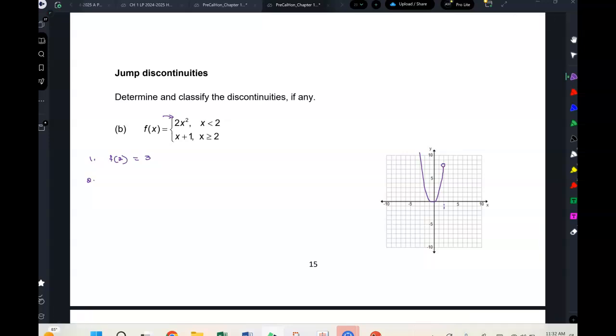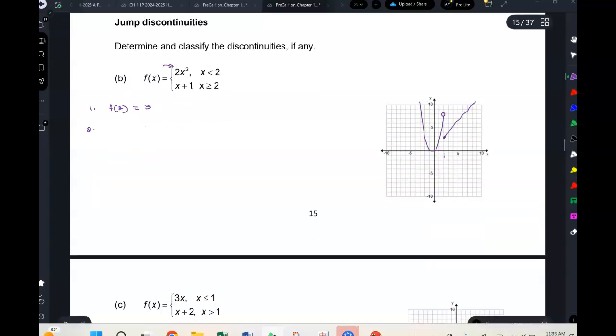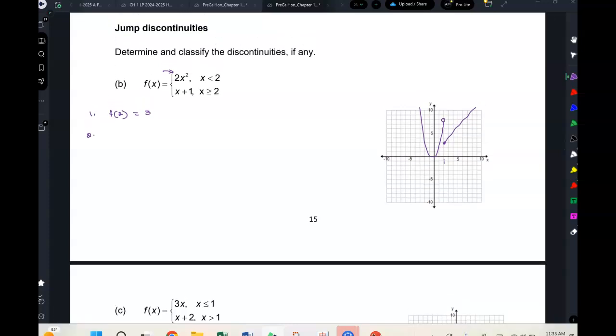So at x equals 2, what does it look like? It's 3, and it's a closed circle. And it looks like this. Everybody okay with this? So clearly there is a jump discontinuity, right?